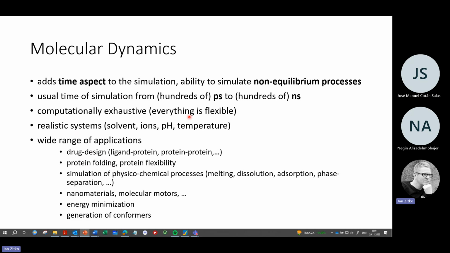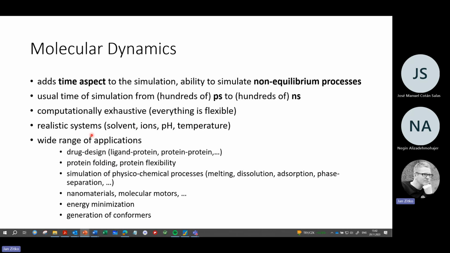But in molecular dynamics, we can no longer use this approximation, because we want to study the system in conditions which are as close to the real system as possible. Imagine typically we will be simulating, let's say, a ligand in a protein in water, and there everything is flexible.